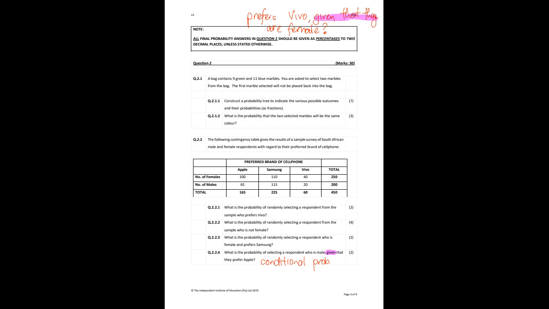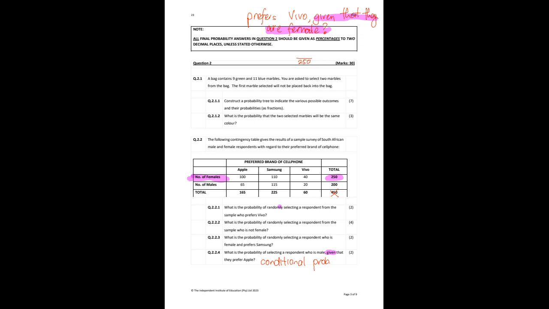That immediately means that the denominator of your fraction is the number of females. So from your table, here's the number of females. It is 250 females. So that becomes your denominator, meaning you're no longer looking at all 450 people. You're looking at only the ones that are female because you now know in advance that it is a female. So 250 becomes your denominator. It's narrowed down your sample size.